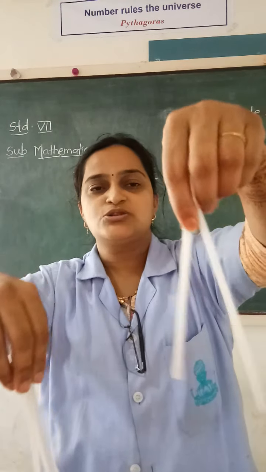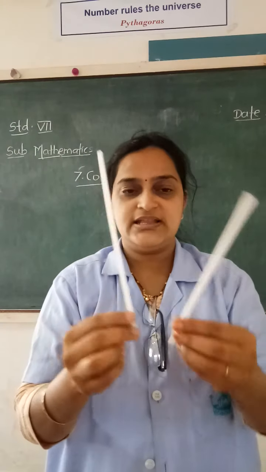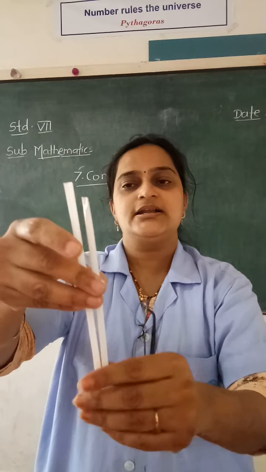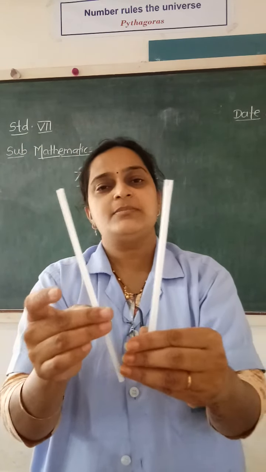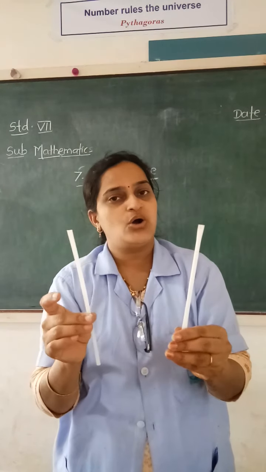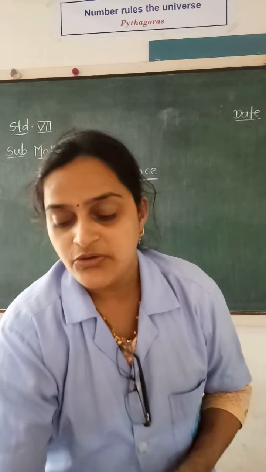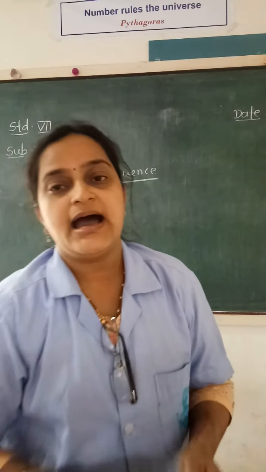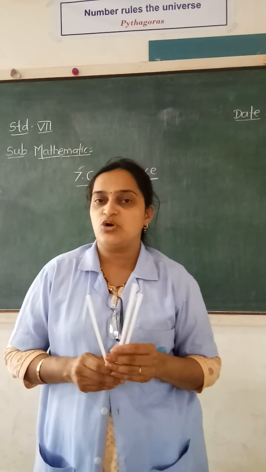And these two also I can say are congruent. But when I match this one and this one, I find that one of them is shorter and another is longer. So I will say that these two segments are not at all congruent. Understood? So what can I easily say? When will I say that two line segments are congruent?